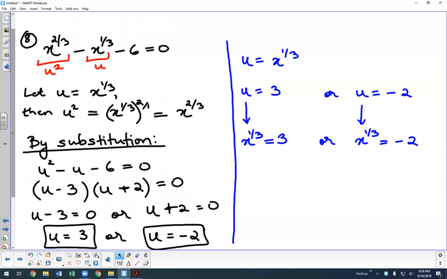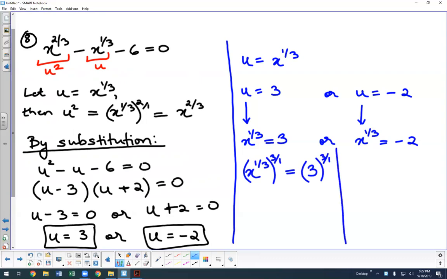What will we need to do to get our x's by themselves? Yeah, just invert your exponent and apply it to both sides of your equation. So x to the 1/3 will be raised to the power of 3/1, and the same thing on the other side, 3 raised to the power of 3/1.